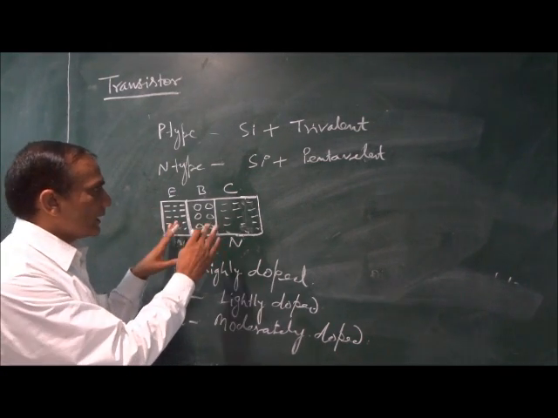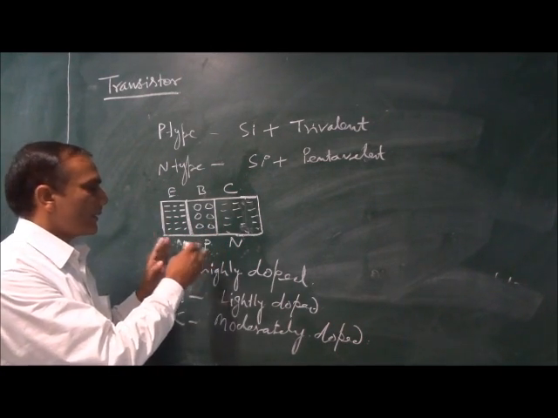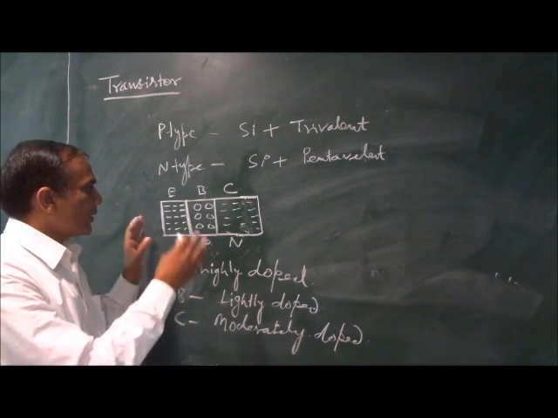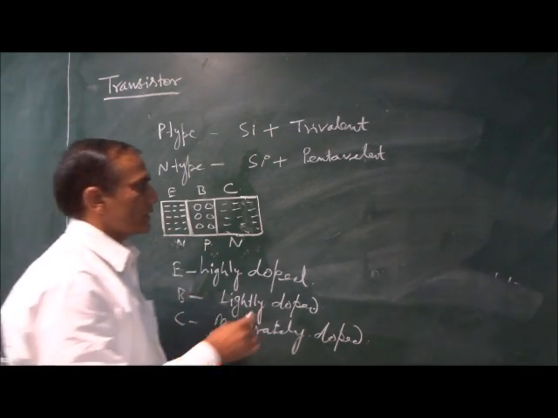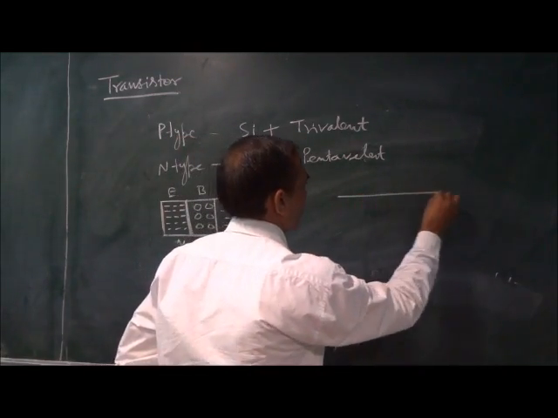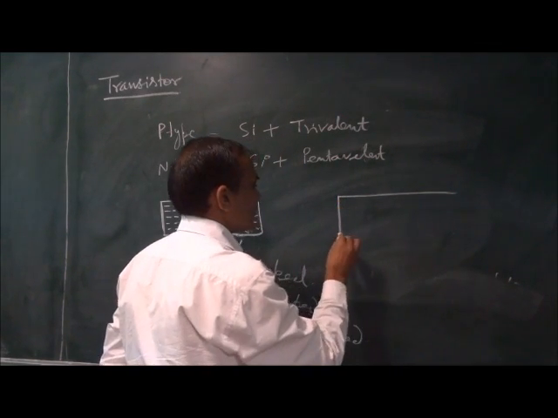Now by joining these two materials, P type and N type, in this fashion, first the two junctions or two depletion layers are formed.